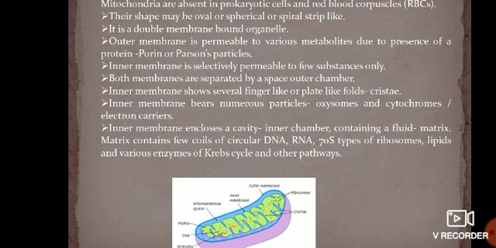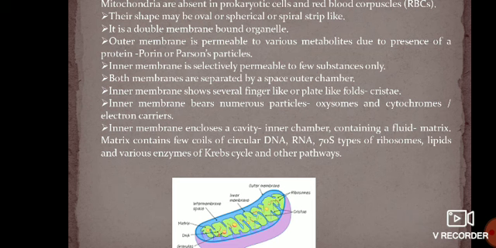They can also be called cytochromes and electron carriers. So when the electron transport chain occurs, at that time electrons will pass from one electron acceptor to another. So these oxysomes and cytochromes are going to help for this purpose.